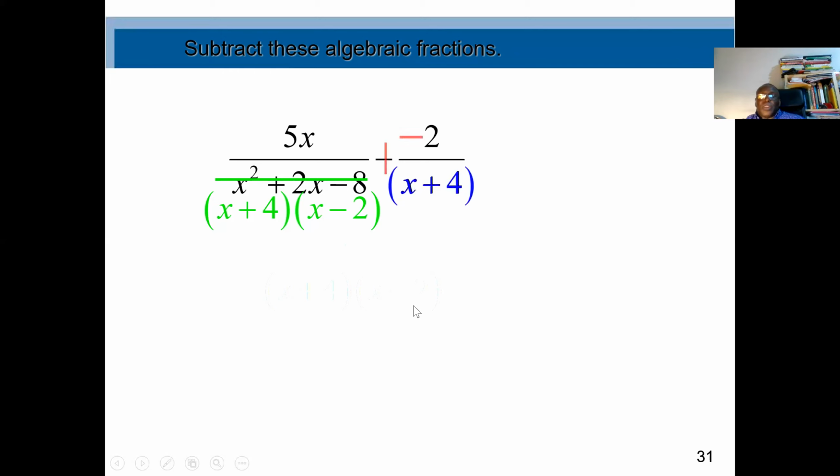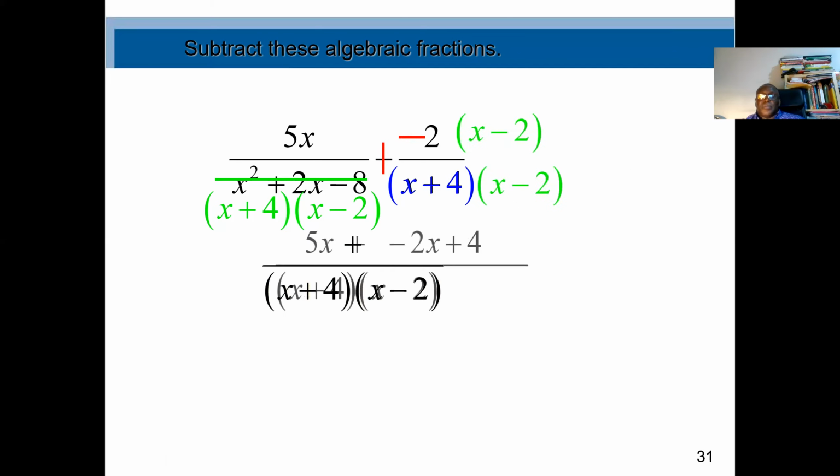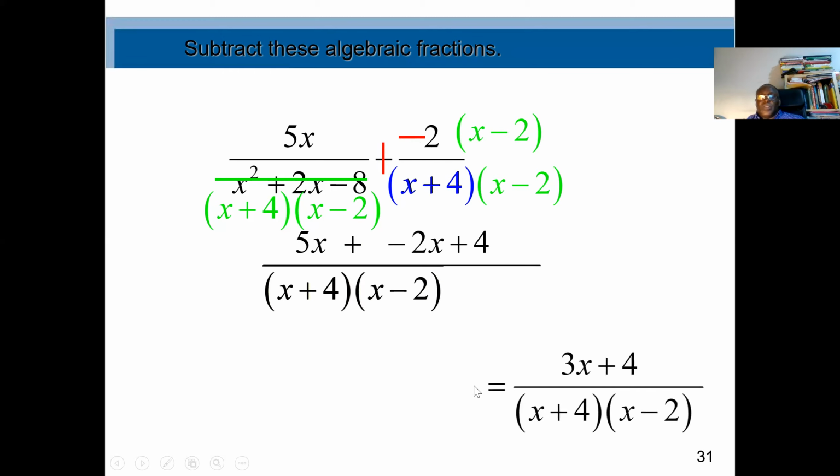Then we have x plus 4. So we get x plus 4, x minus 2, because minus 2 times x minus 2. Then our final solution will be 3x plus 4 over x plus 4 and x minus 2.